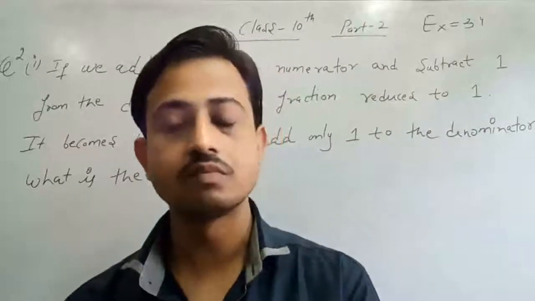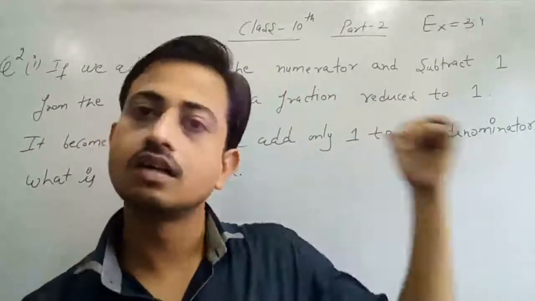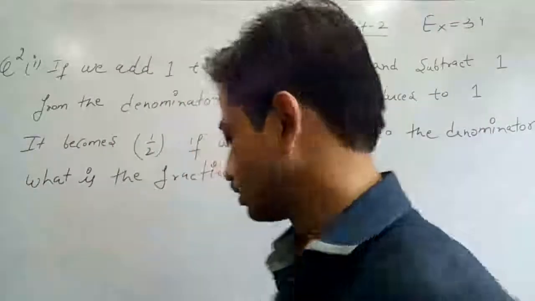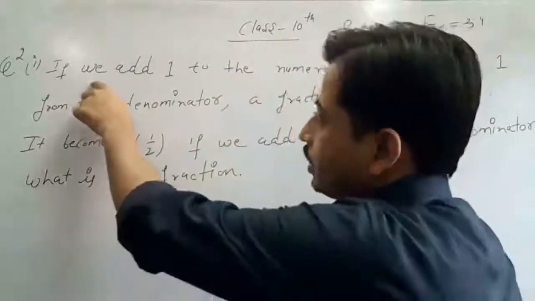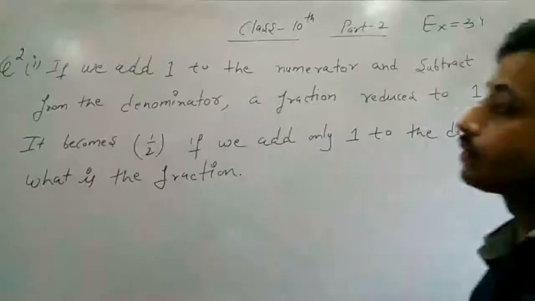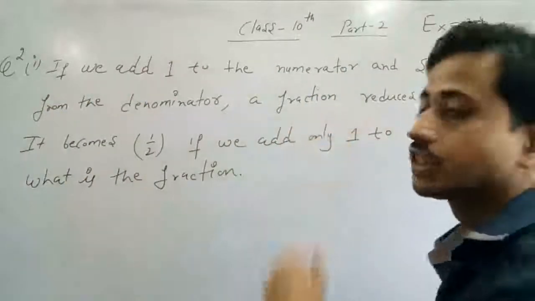Please read the statement very carefully because all the information is hidden in it. You have to get that information one by one. If we add 1 to the numerator and subtract 1 from the denominator, a fraction reduces.